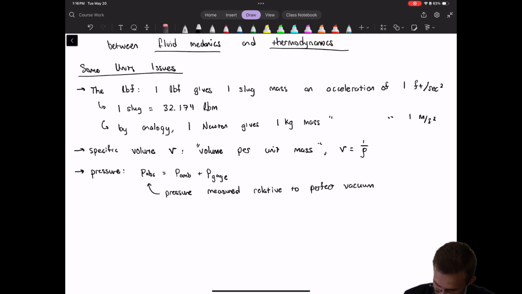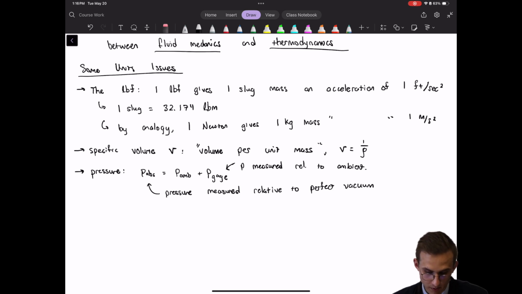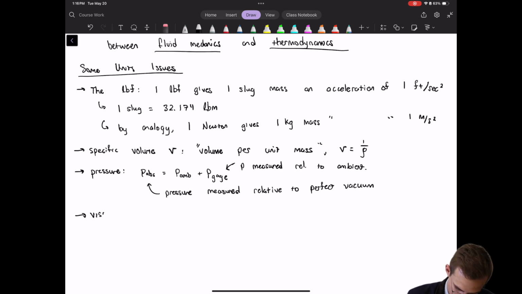I always put 2 C's instead of 2 U's for vacuum. Okay, so the gauge pressure is the pressure measured relative to the ambient, of course. But for our purposes, we're just going to use P abs. Okay, that's what we'll be focused on in the course.